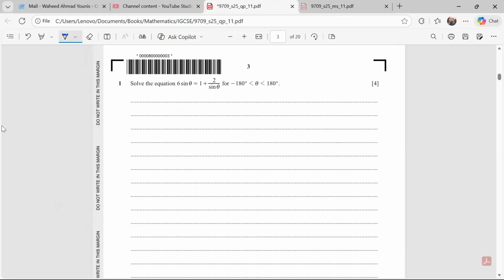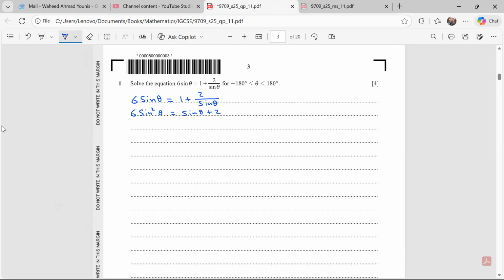So it is 6 sine theta equals 1 plus 2 over sine theta. I multiply with sine theta throughout, so it will become 6 sine square theta equals sine theta plus 2.